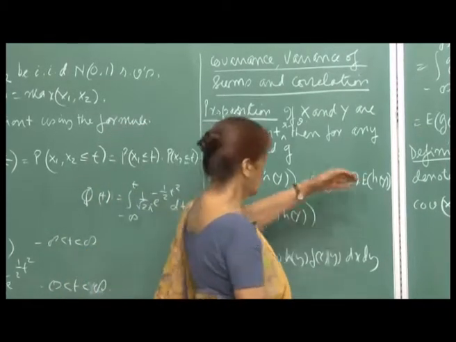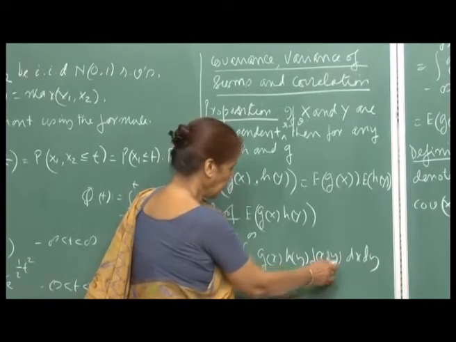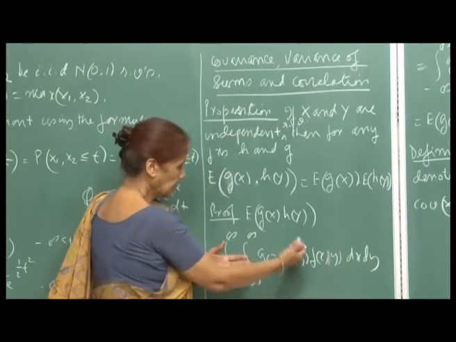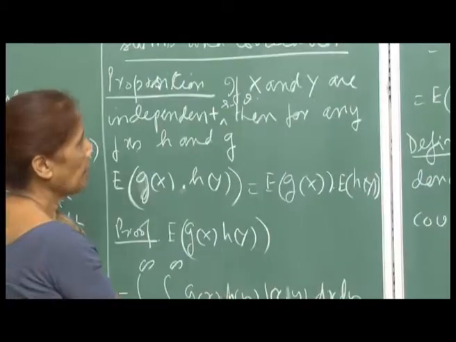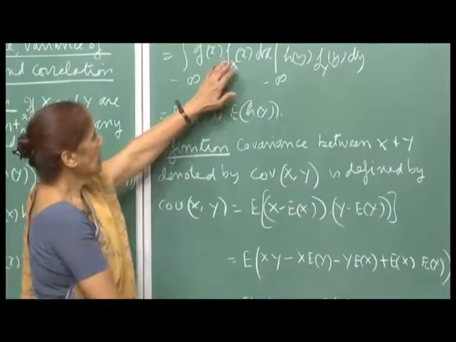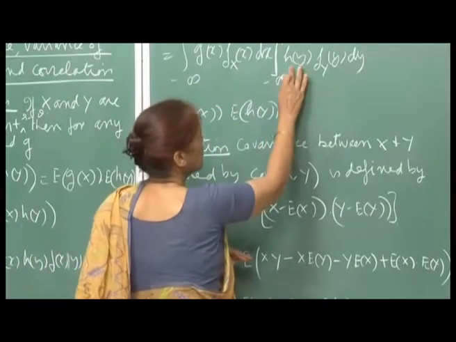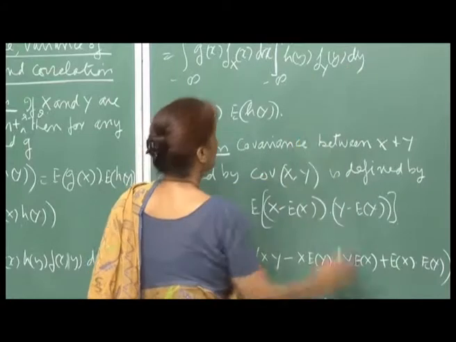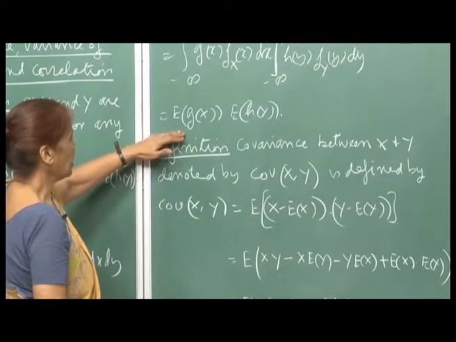And so, I can even separate out the integrals: the integral of g(x) times the marginal of x, times the integral of h(y) times the marginal of y dy. By definition this is E[g(X)] times E[h(Y)].